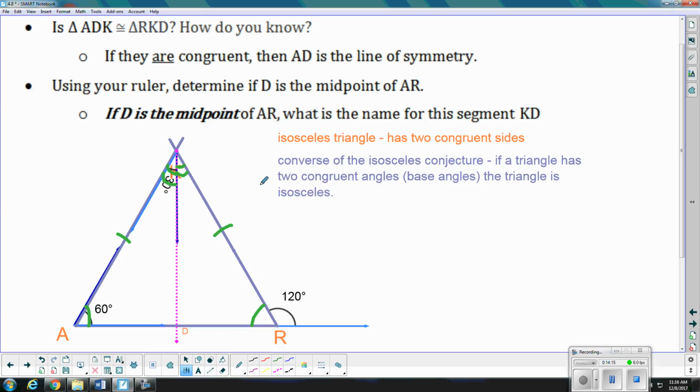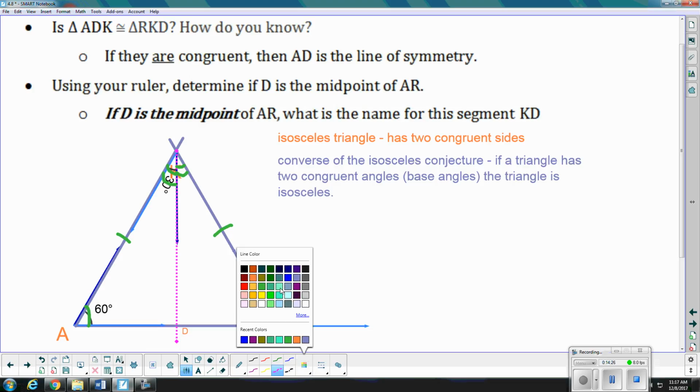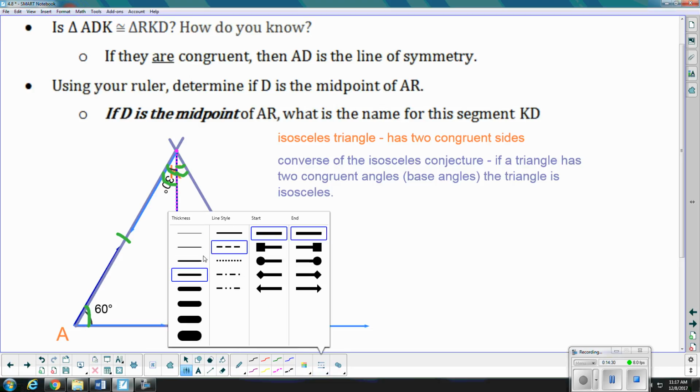So the question is, is angle ADK congruent to RDK? So let's just outline that angle. And I'll use a lighter color so that we can see, and I'll use a dotted line.